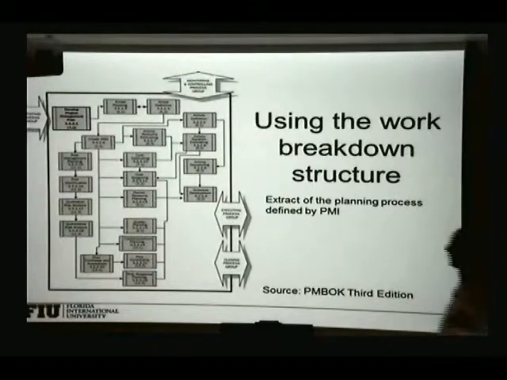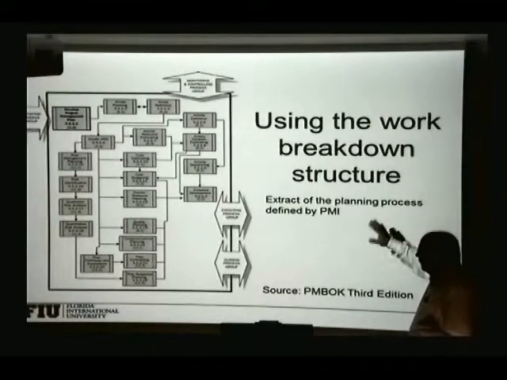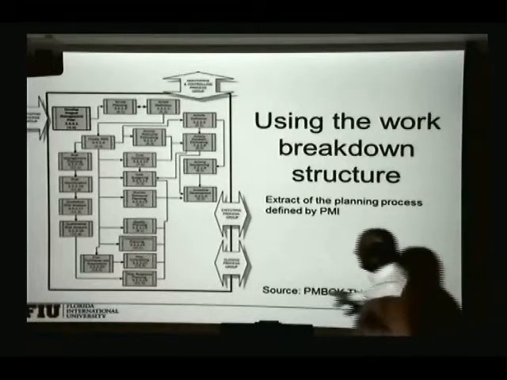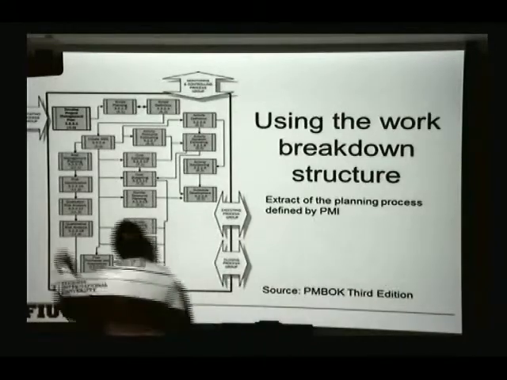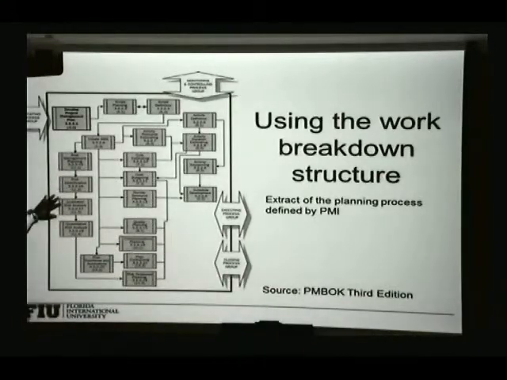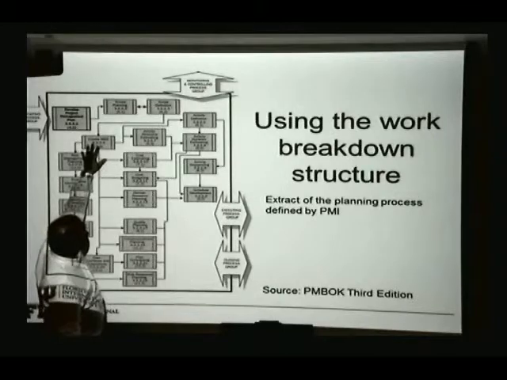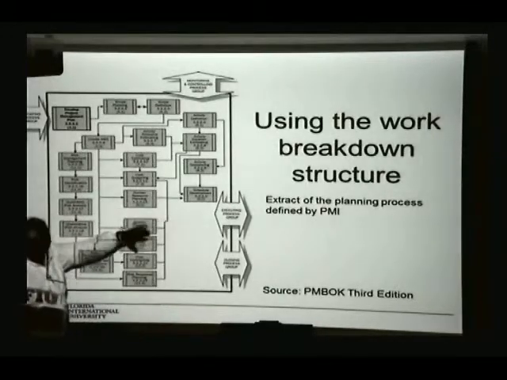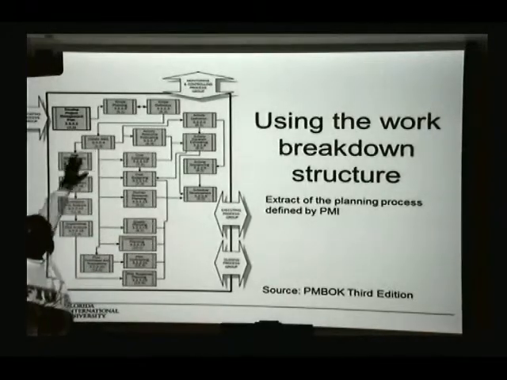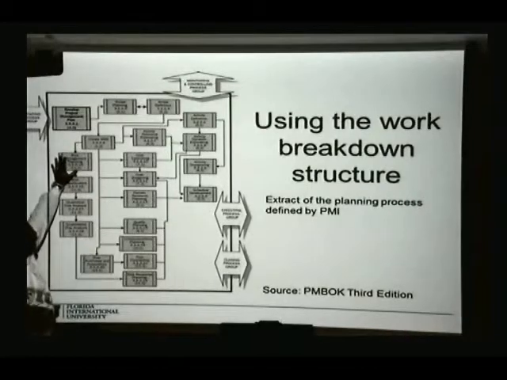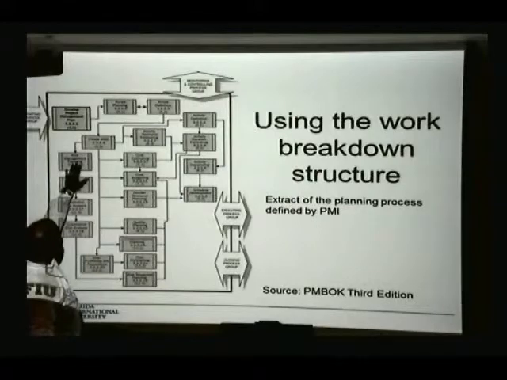This is a flow chart from the Project Management Body of Knowledge, which shows you the different aspects of project management. And creating the work breakdown structure is key to do a lot of the project management activities. It brings you, for one side, the risk management theory. So the risk planning goes based on the work breakdown structure.